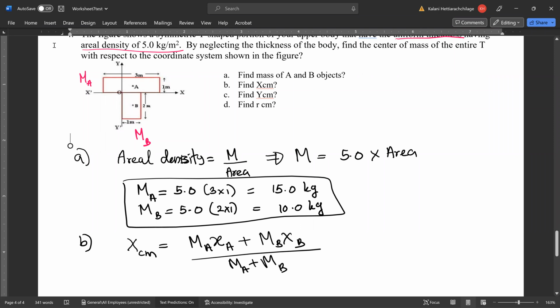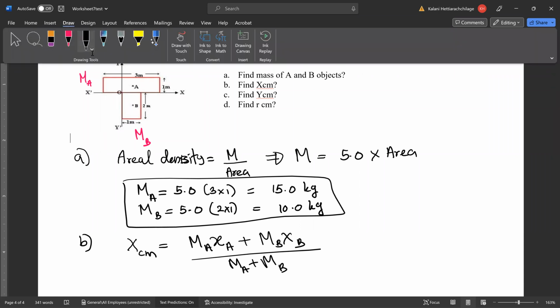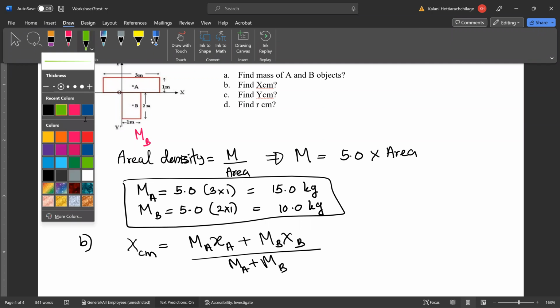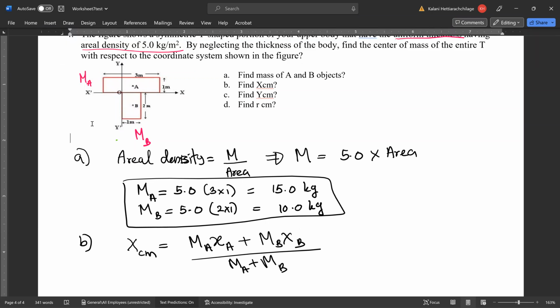See that here, I'm going to erase it. And then we need the distance XA. XA is the distance from the origin to your XA point, this distance. See that this distance is the XA distance, right? So the XB distance will also be the same distance, because these two are sitting on the same vertical line.